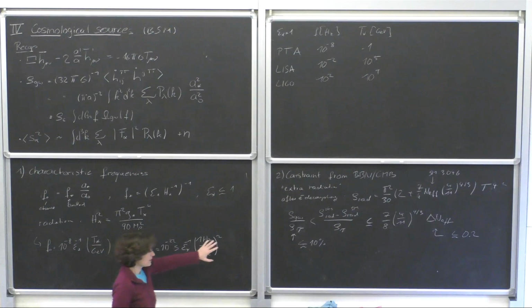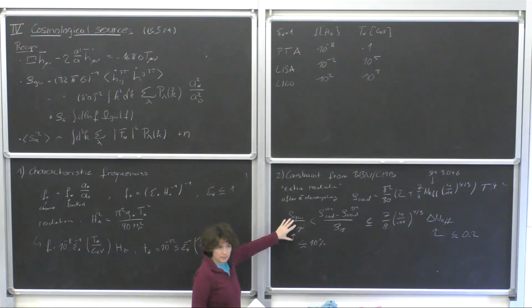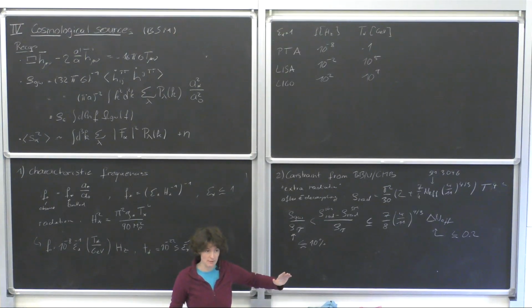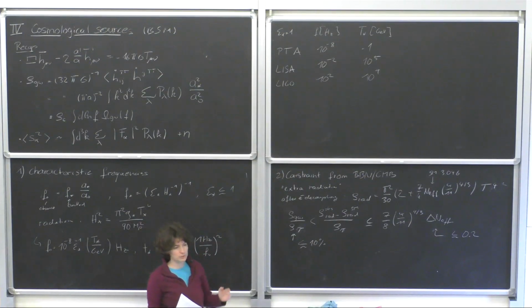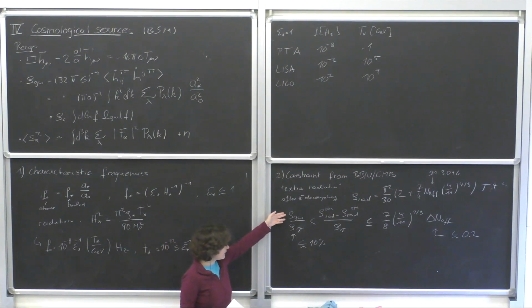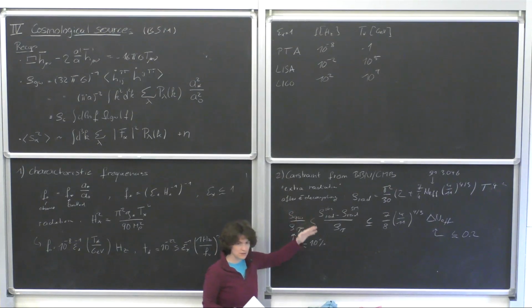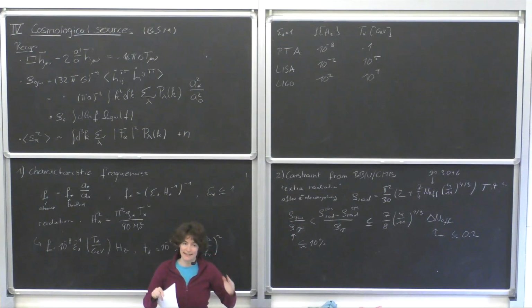Which is a lot, right? Because here we're in the radiation-dominated era, so rho photon is basically the entire energy density of the universe at that time. The bound just means that we can't have more energy in gravitational waves than 10% of the total energy at that time.